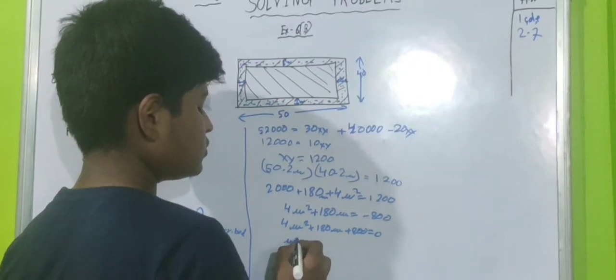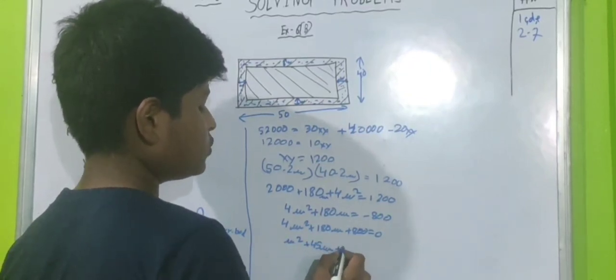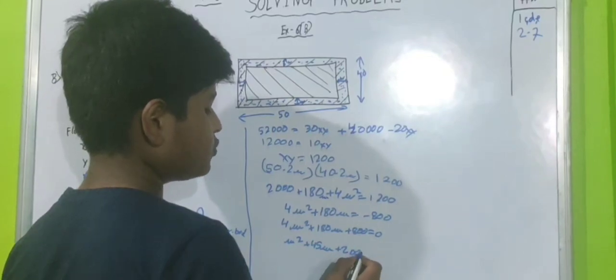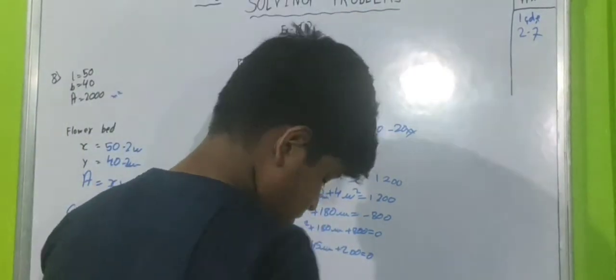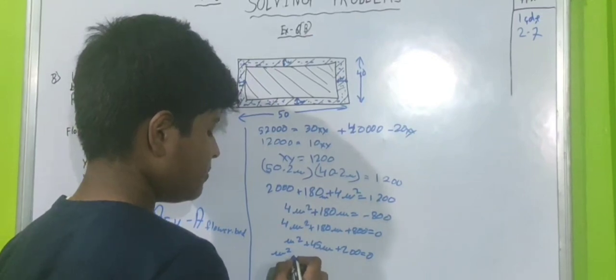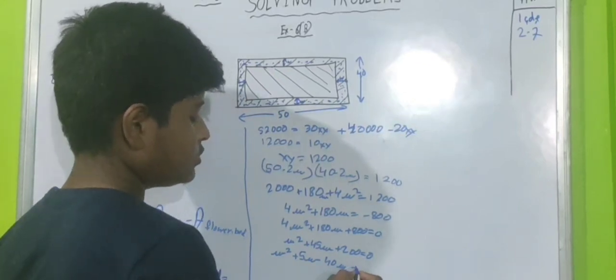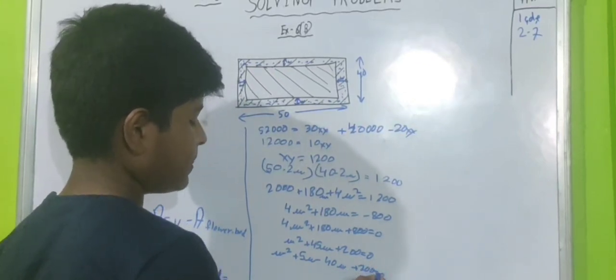So it will be w square plus 45w plus 200 equals 0. We will get w square plus 5w plus 40w plus 200 equals 0.